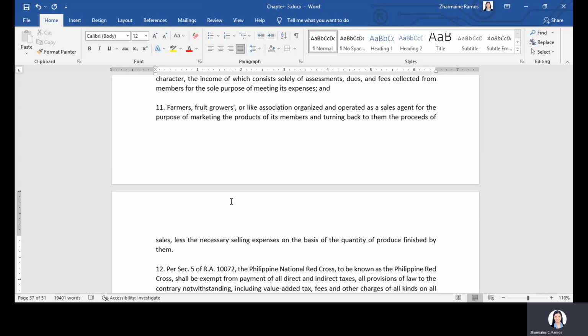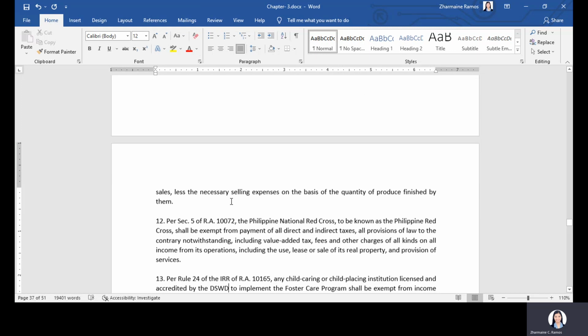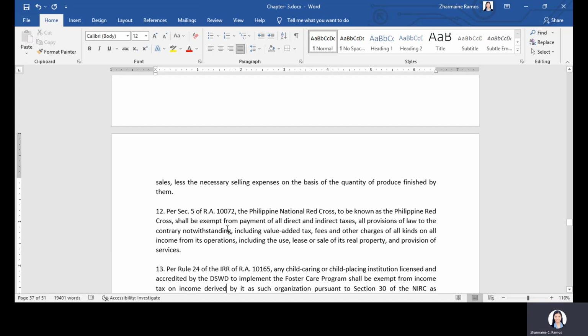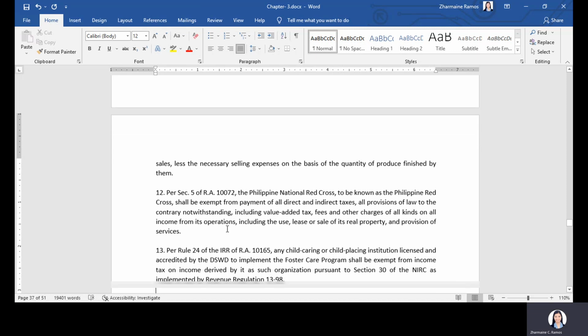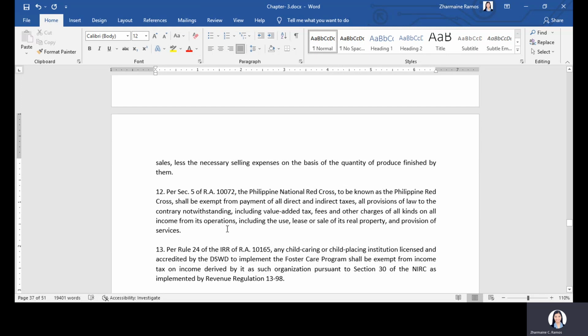Yung Philippine National Red Cross or the Philippine Red Cross shall be exempt from payment of all direct and indirect taxes. So meron siyang basis, section 5 of RA 170. Child caring or child placing institution licensed and accredited by the DSWD to implement the foster care program shall be exempt.